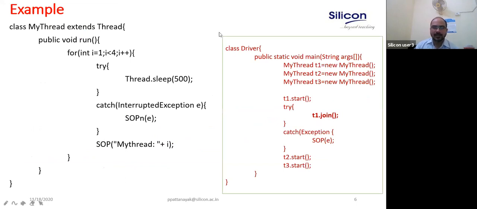In this example, see, here we define the thread class. This thread sleeps for 5 milliseconds and displays from 1 to 3. Sleep throws InterruptedException. See here, T1.join. T1 is started. Who is joining? T1.join means which thread joins with T1?